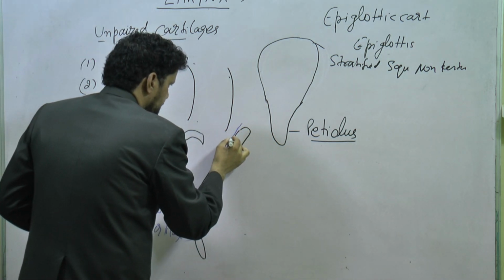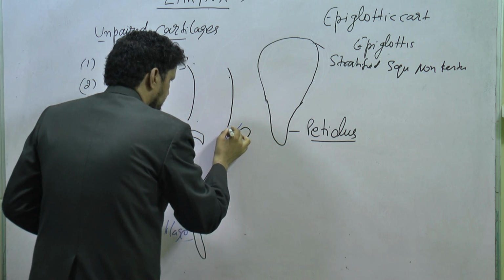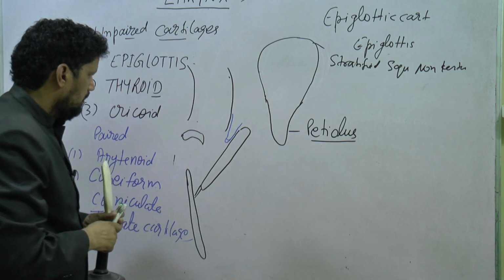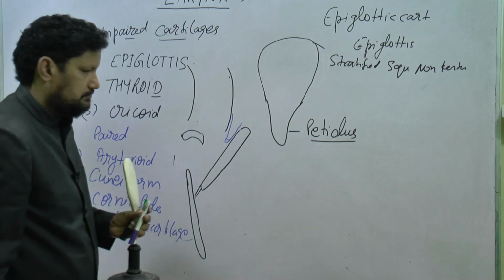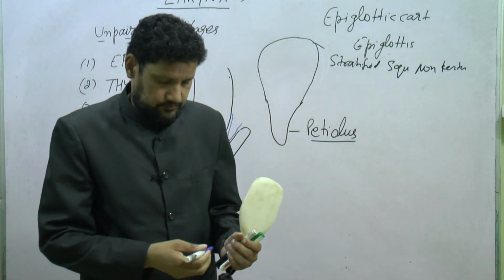The mucosa is reflecting from the epiglottis to the posterior surface of the tongue and the lateral wall of the pharynx.